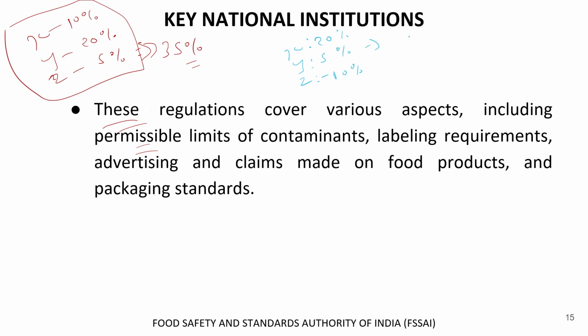Now the food business could not say, you asked us to add 35%, we are adding 35%. Actually, the authority asked for this kind of 35%, not that kind of 35%. X should be 10, Y should be 20, Z should be 5, not X 20, Y 5, and Z 10. Okay, so these are the permissible limits of contaminants.